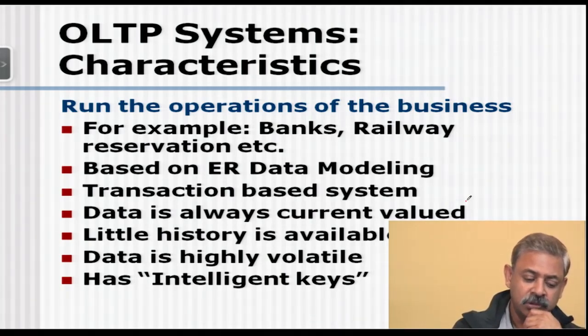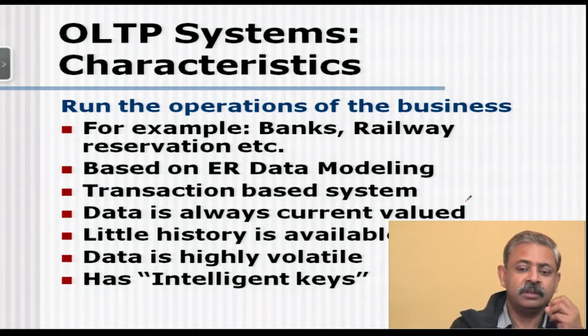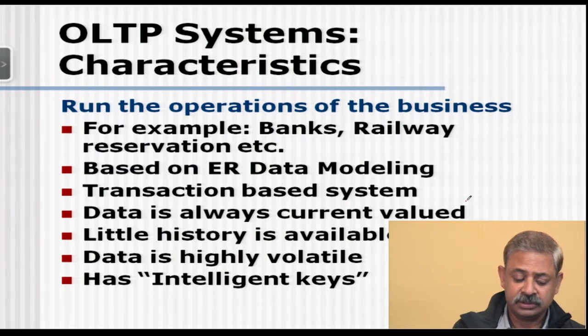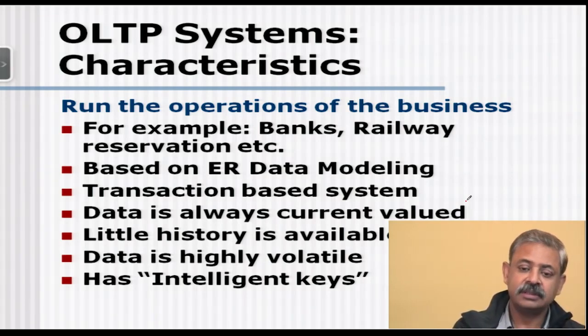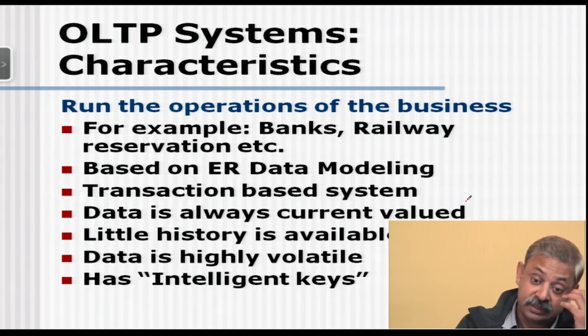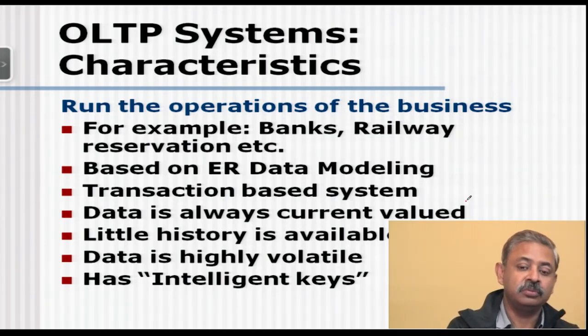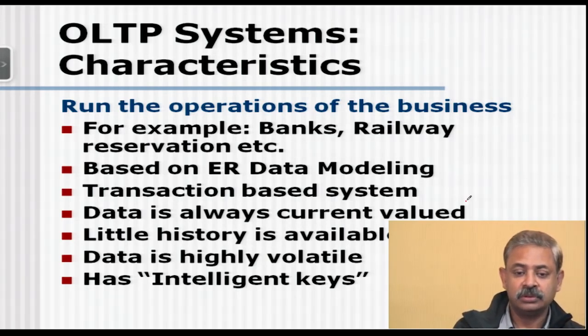You cannot afford any kind of latency in updating the data in your operational system. So your account has to be updated all the time. And when you book a ticket, it should not be available to anybody else. And when you cancel a ticket, that seat or berth should be available to the new user, right?